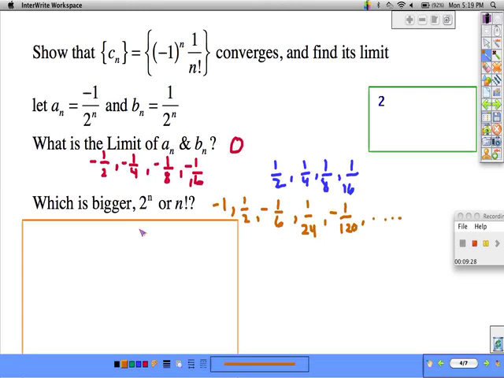If we look at these terms and look at 2 to the n versus n factorial, because those are really the defining features of a sub n, b sub n compared to c, we can say that n factorial is going to be bigger than 2 to the n for n greater than 4.